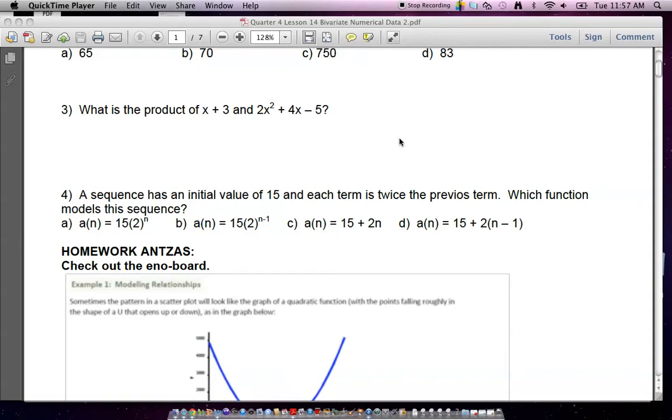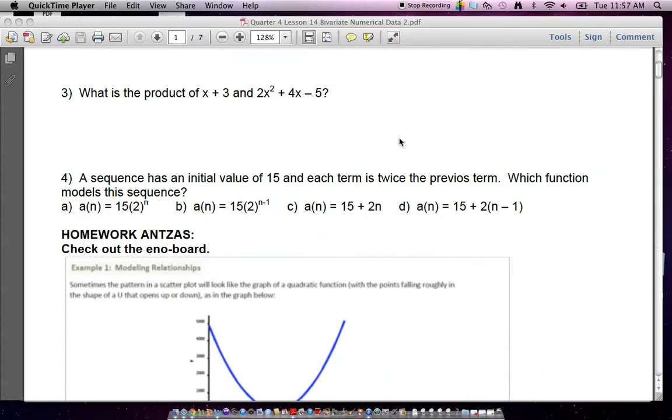Let's see here. What are we getting here? Oh, plus 7x minus 21? Minus 15, I'm sorry. Minus 15. We're good on that? Okay, good.